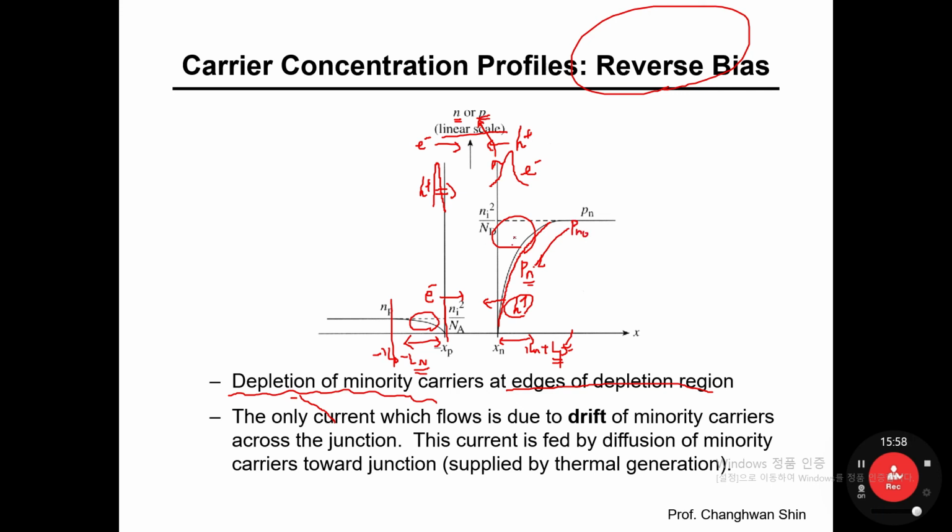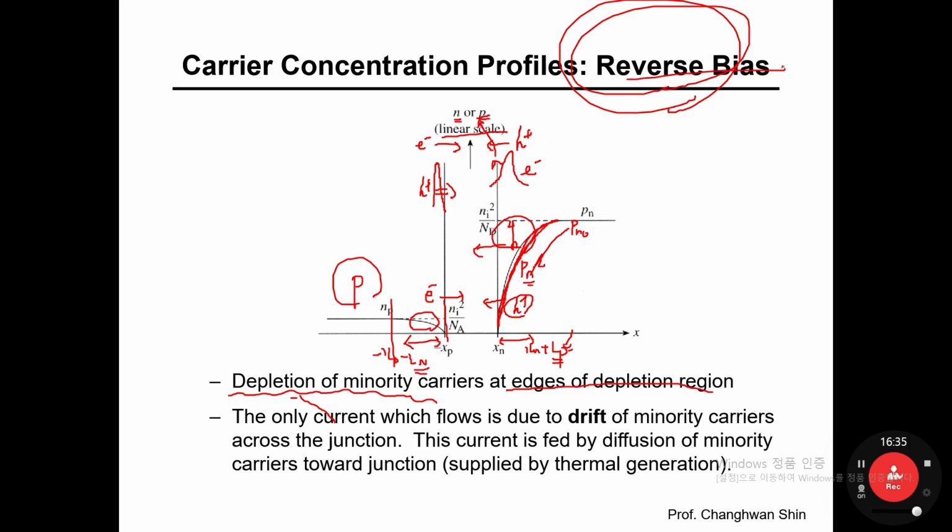Because thermally generated holes would be diffused toward the depletion layers, so part of the holes would be lost, right? So you may reasonably figure out the hole concentration in the n side under reverse bias, and you may guess the electron concentration profile in the p side under reverse bias.